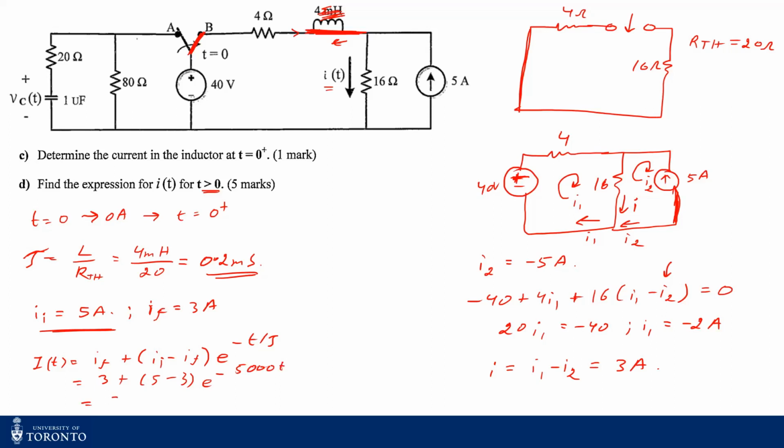So this is just 3 plus 2 e power minus 5000 t amperes. So that's my I(t).